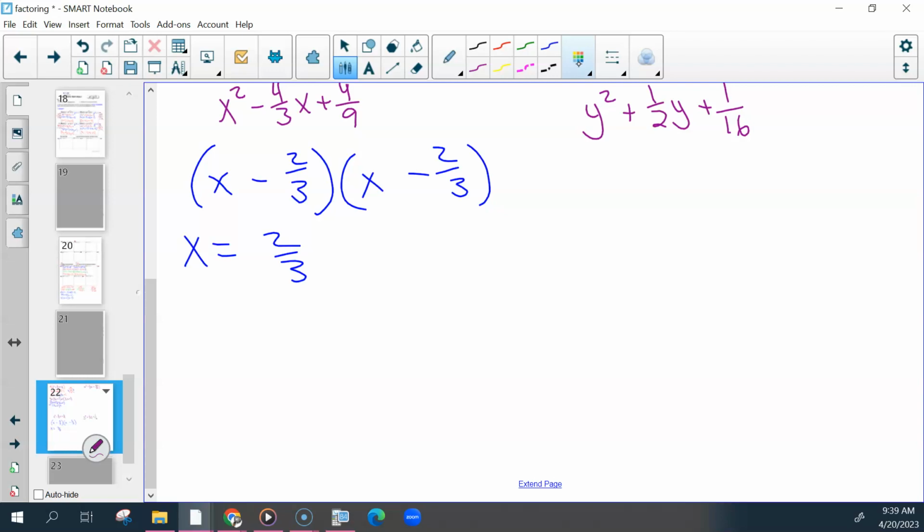So I would need to get rid of the 2/3. So I'm going to move this over by multiplying everything by 3. And then getting rid of the 2 by subtracting. So that side equals 0.